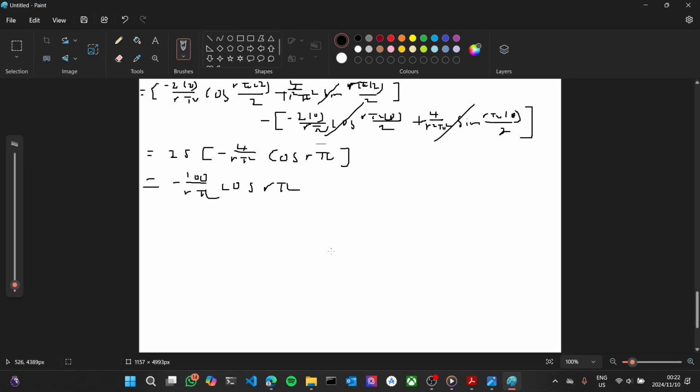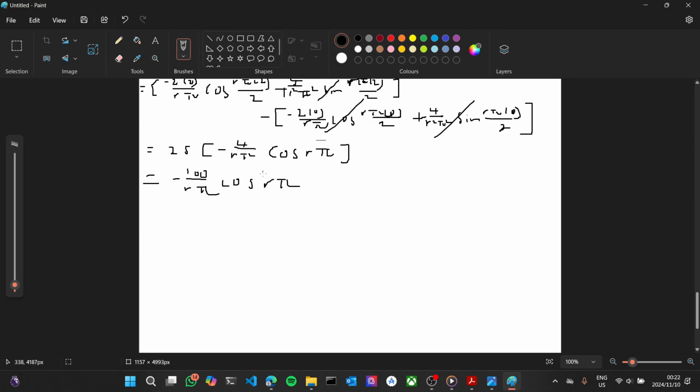Cool. Now this can be rewritten to further simplify it. Cosine of r pi can only be two values depending on the value of r. If it's odd, then it'll be equal to -1.